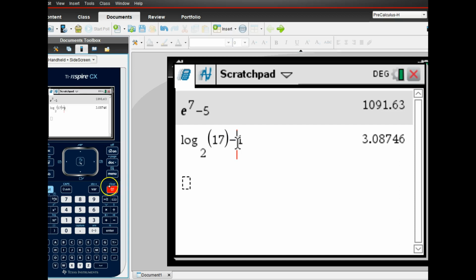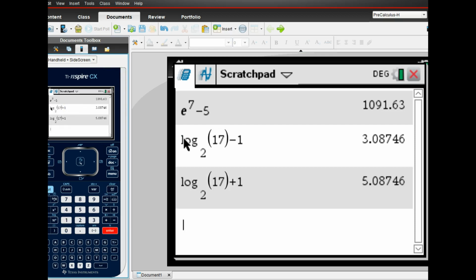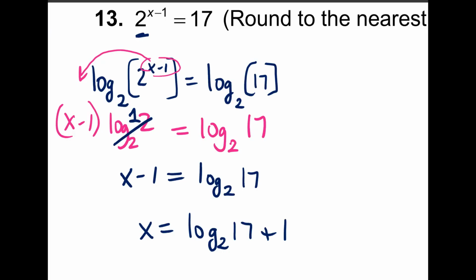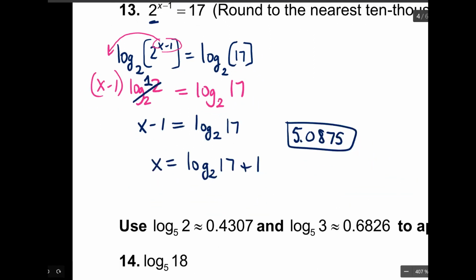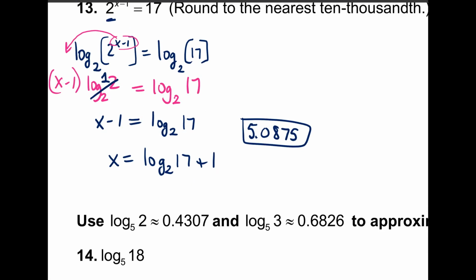Dang it. Okay. Plus 1. 5.0875. Because we're rounding to the nearest 10,000. Right.